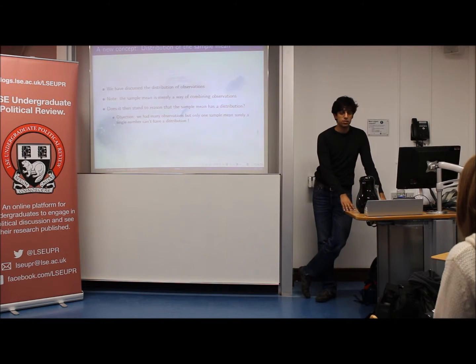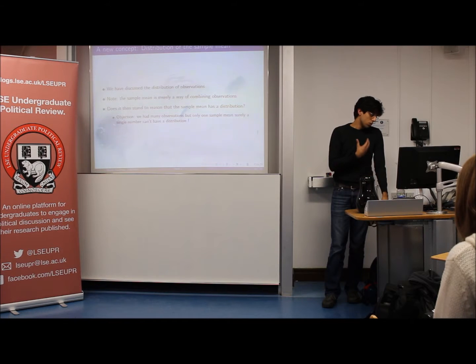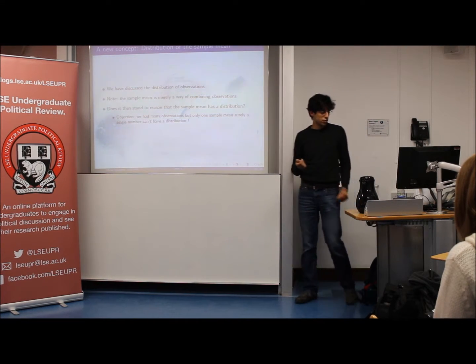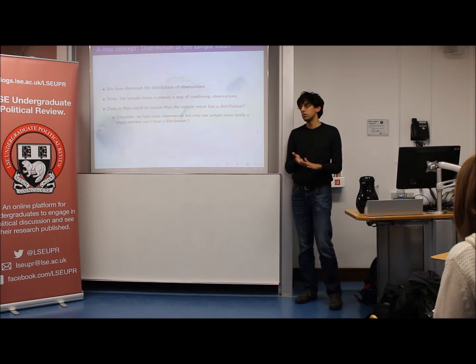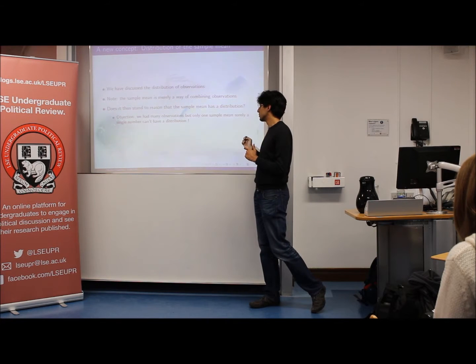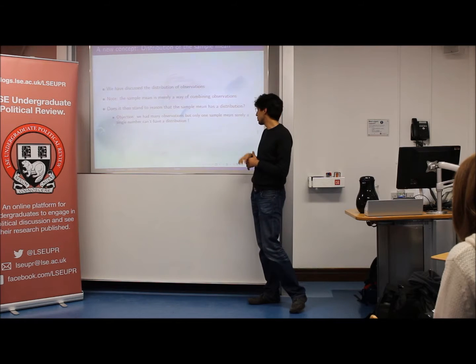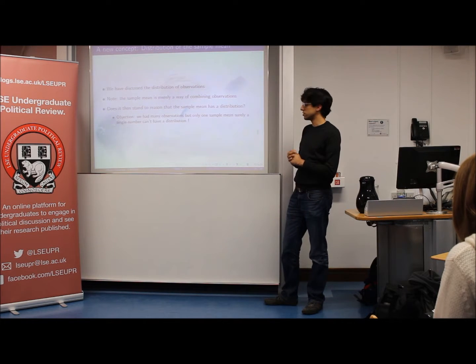Now we've estimated the sample mean, and we want to somehow capture the uncertainty around our estimate of the sample mean. How close are we to the population mean that we really want to estimate? If we can find a distribution of the sample mean, that will give us an idea of this. To explore that further, we want to look at something called the sample mean distribution.